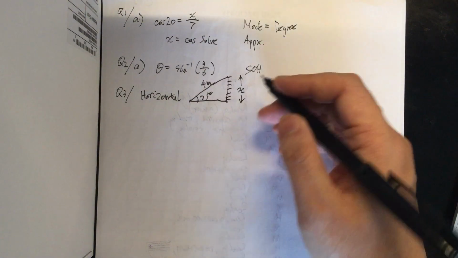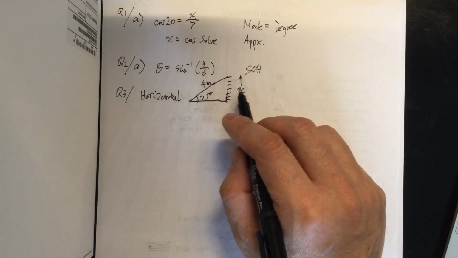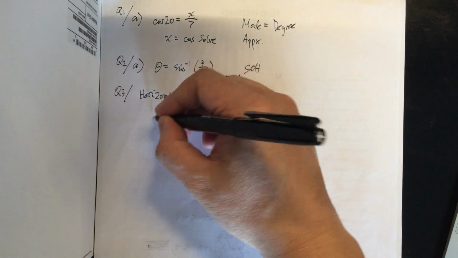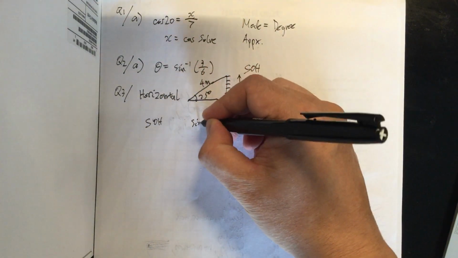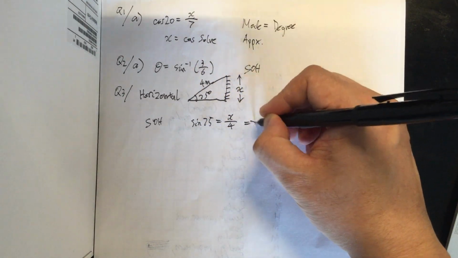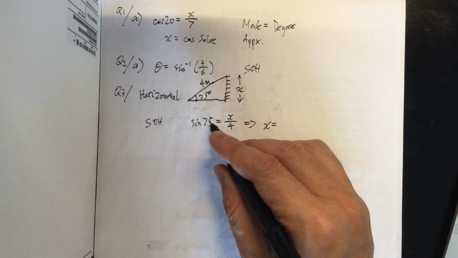All right, let's make sure we understand this one here. So for this question, opposite, hypotenuse. Opposite means it's in front. Opposite, hypotenuse, that's a sine. Therefore, sine of 75 degrees equals opposite over 4. If you're good with the algebra, you can literally just go straight away. X divided by 4 equals this.